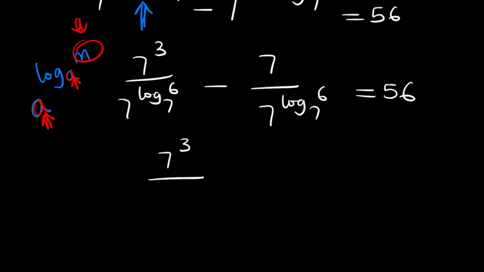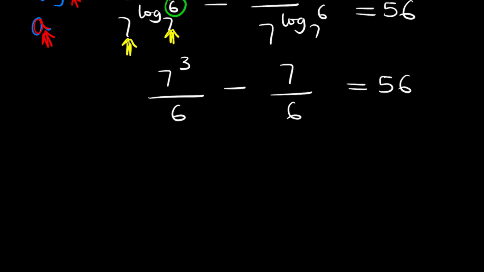So if you look at that carefully, we have 7 raised to power log 6 base 7, so that makes 6 the solution, meaning that the denominator here is simply 6, and then minus 7 divided by the same thing, which is 6, equal to 56.